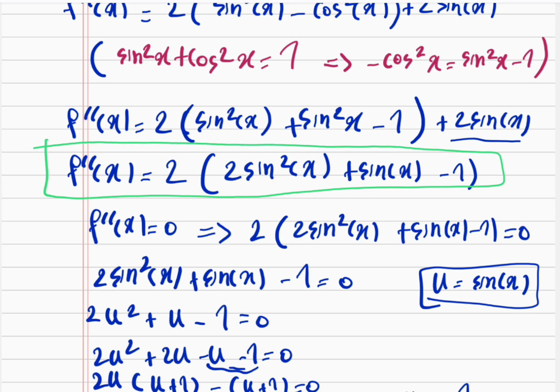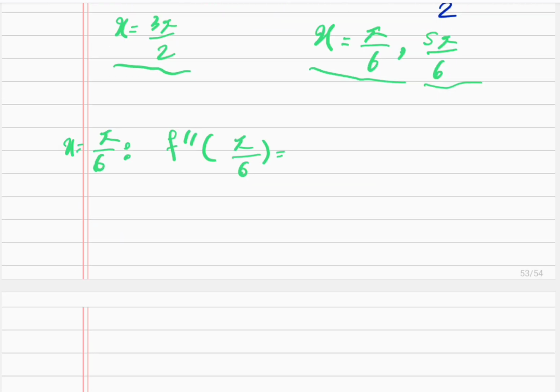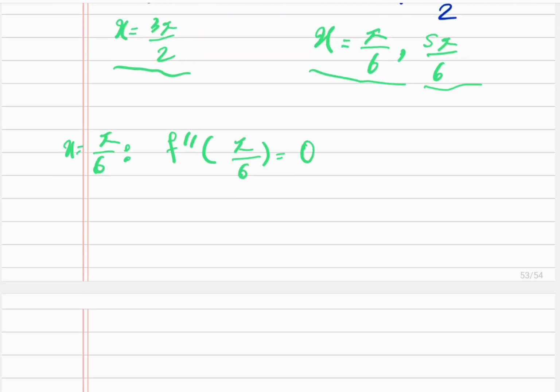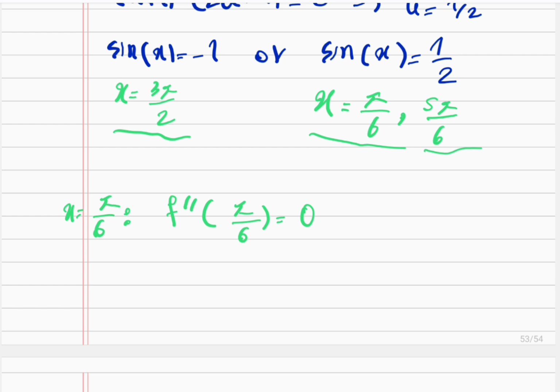We know that sine of pi over 6 is a half, but this is sine squared, so we get a quarter, and then 2 times a quarter is a half, so we have another half here, which is 1, and then 1 minus 1 is 0. This is something that we expected, right? Because we expected to get 0 for the value of f double dash x at pi over 6.